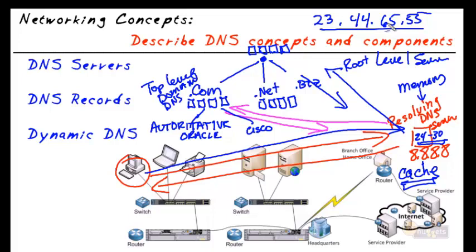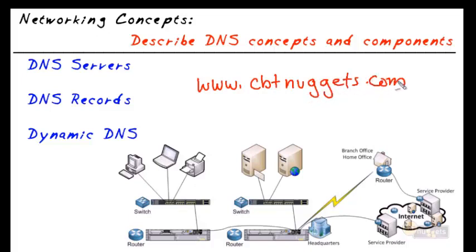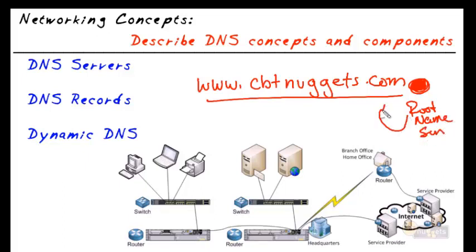So when we really go to a website, such as www.cbtnuggets.com, I want you to think of this string as the root being right here. So who knows where the .com servers are? It's the root name servers. So they know how to get to the .com servers.